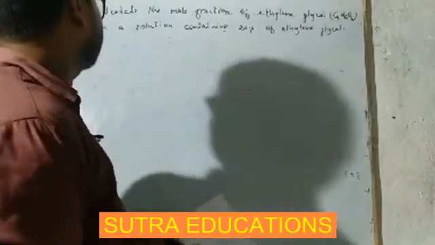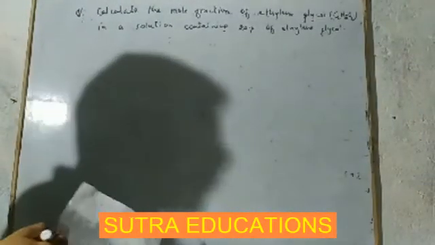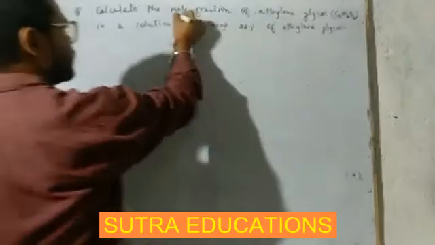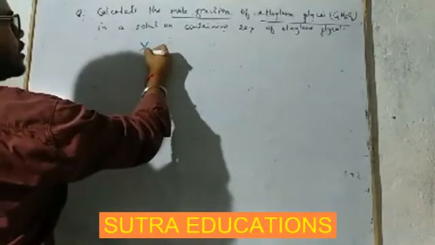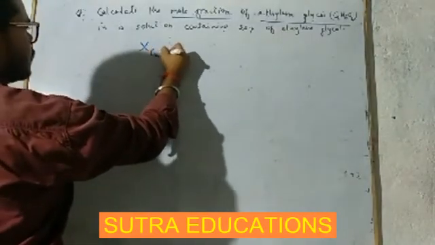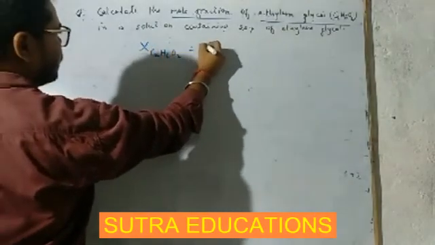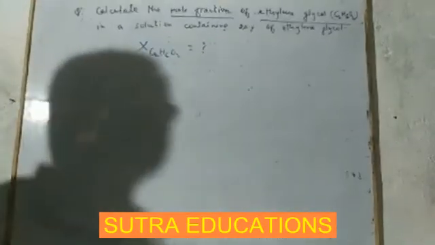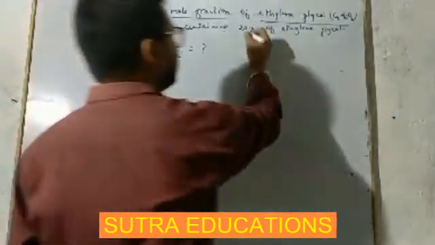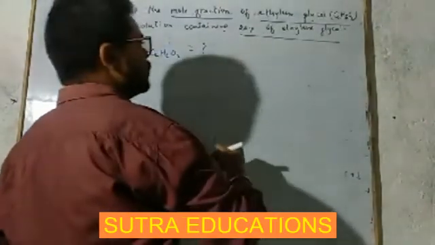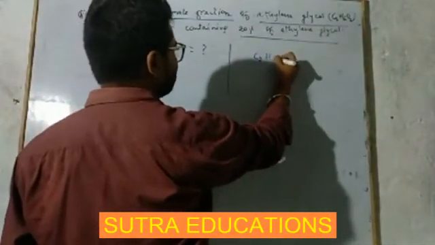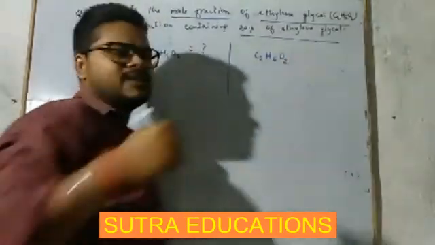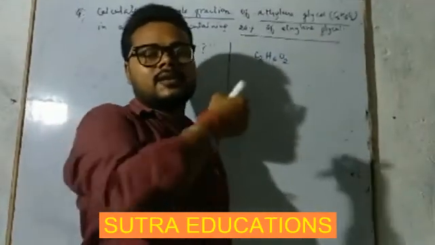Question is, calculate the mole fraction. This time we have to calculate mole fraction of ethylene glycol, means X C2H6O2, in a solution containing 20% of ethylene glycol. What is ethylene glycol? Ethylene glycol is C2H6O2. So at first we will try to calculate its molar mass.